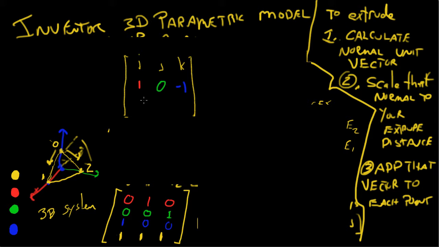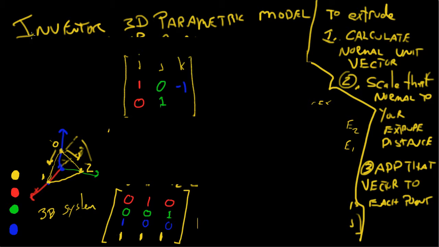It's 0, 1, and it wasn't 0, it's minus 1. So you're taking P2 minus P0.